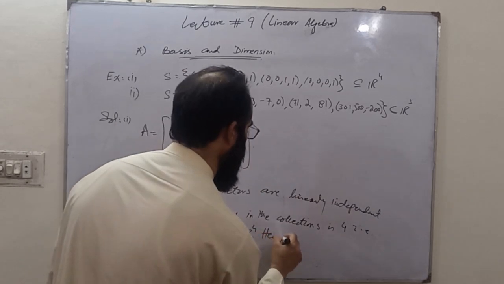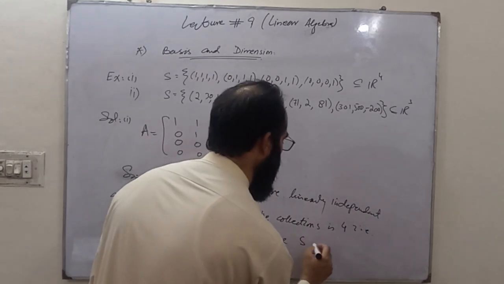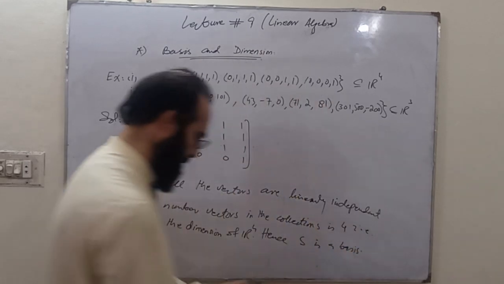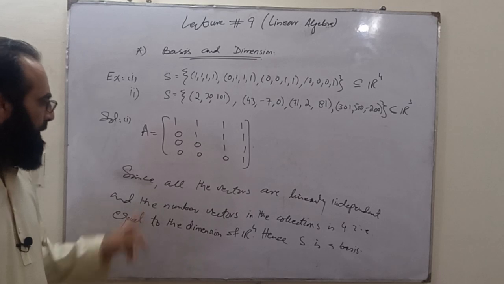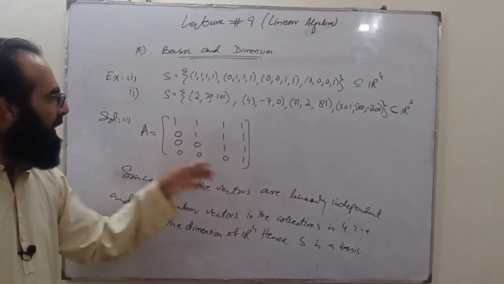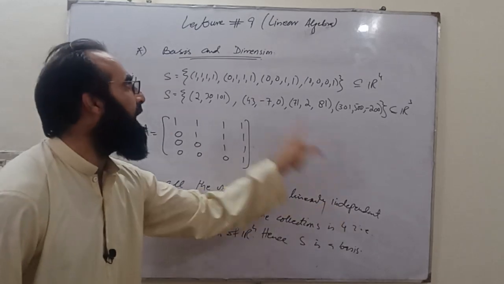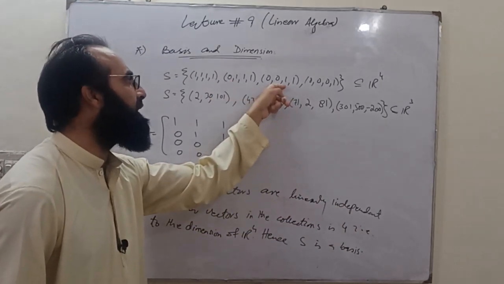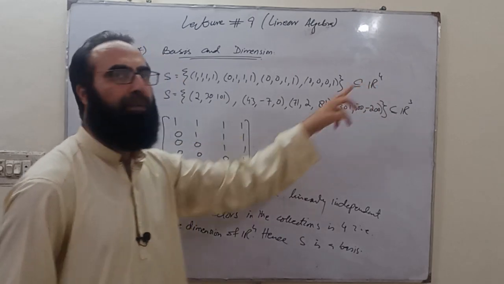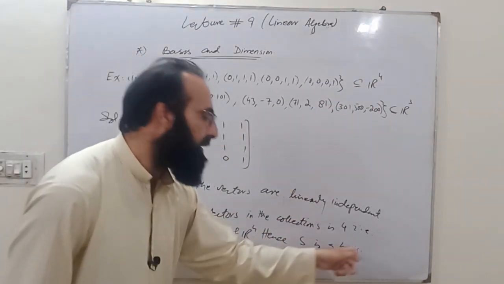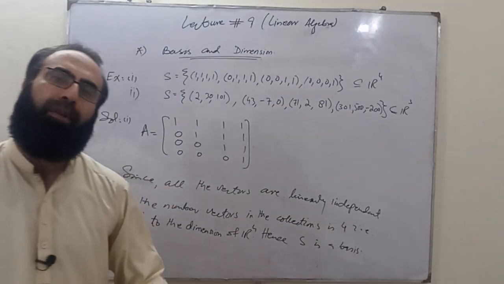Hence S is a basis. Since these vectors are linearly independent and the number of vectors in this collection is equal to the dimension of R4, this collection S is a basis of R4.